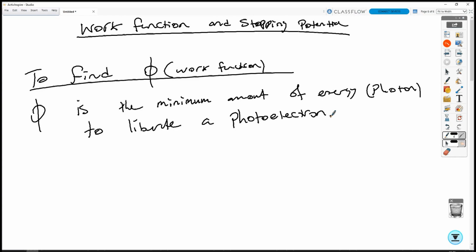And phi depends on the material used. So phi depends on the metal. So different metals will have different work functions.